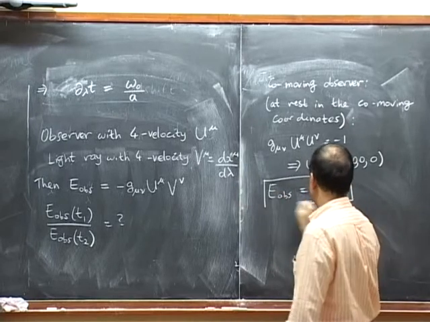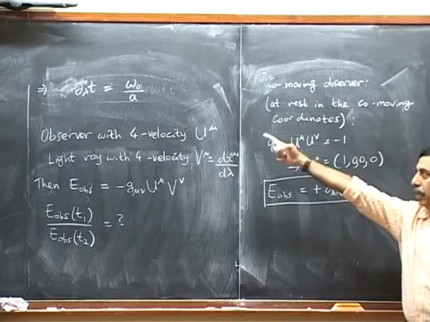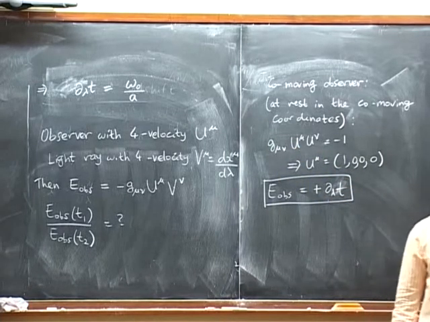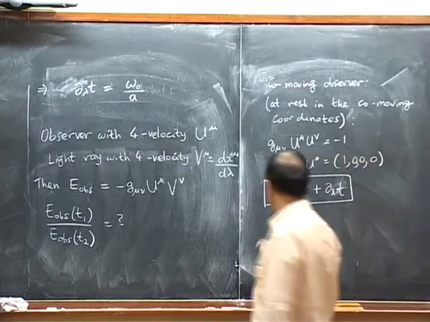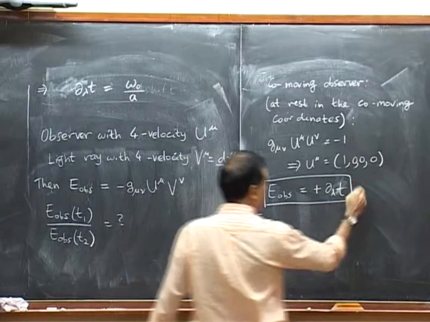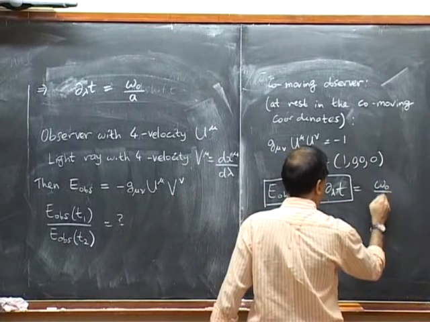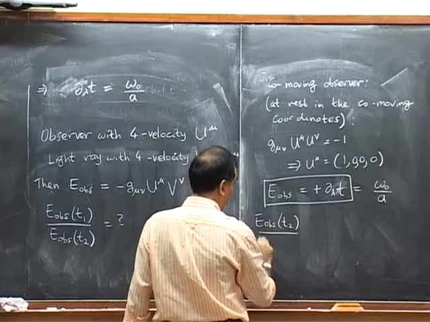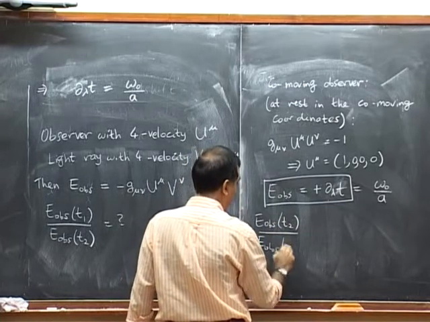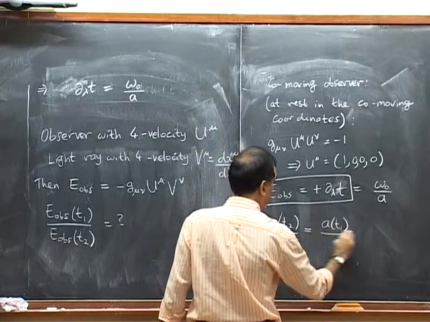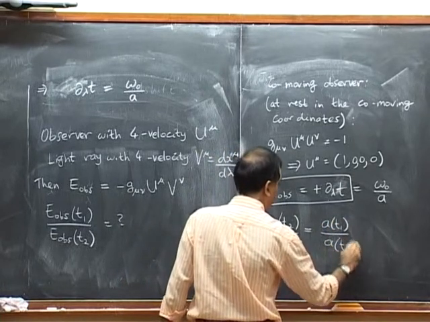So the observed energy is d lambda t, which we've already calculated. Now it's very easy. Observed energy is equal to omega naught upon A. So we learned that observed energy at time t2 over observed energy at time t1 is equal to A at time t1 over A at time t2.